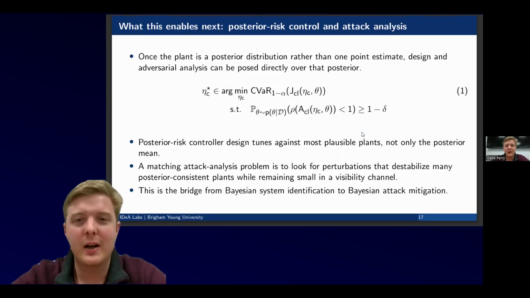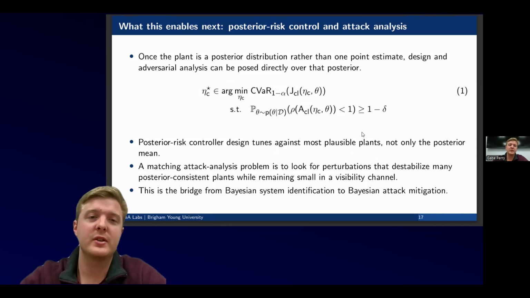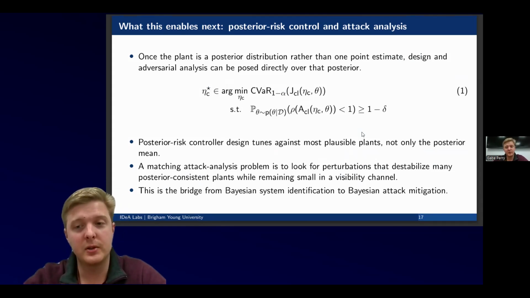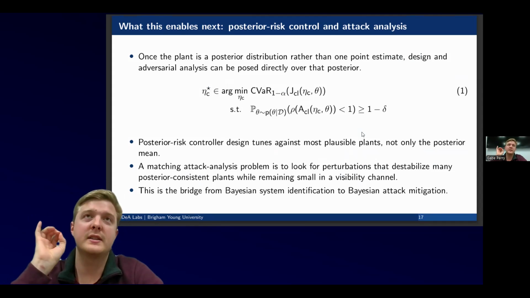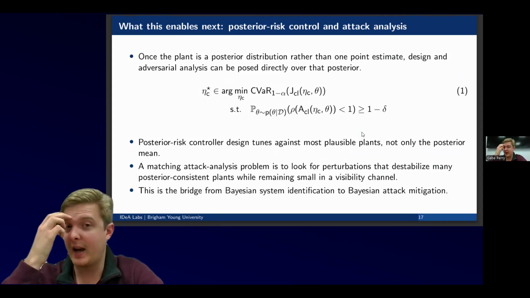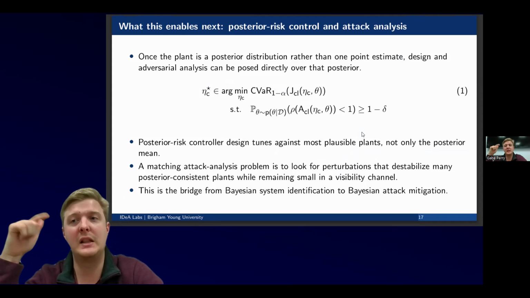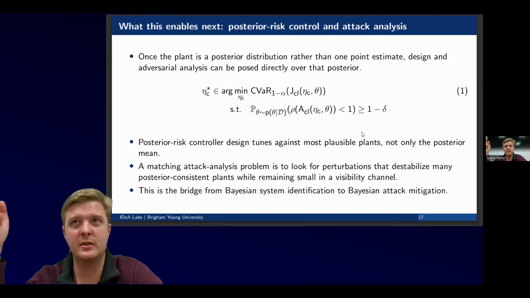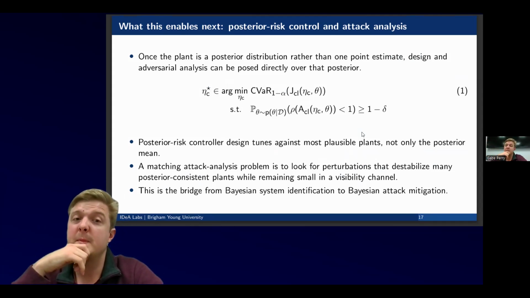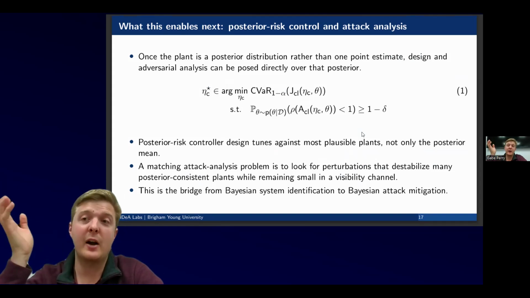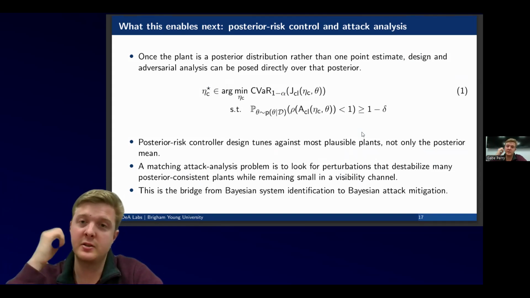And finally, a pitch from our lab. We take these things in a different direction with the robust control analysis. We are more interested in destabilizing systems and redesigning the system to be less vulnerable to destabilization. So this would be the direction that our lab would take it. We would take that posterior distribution.